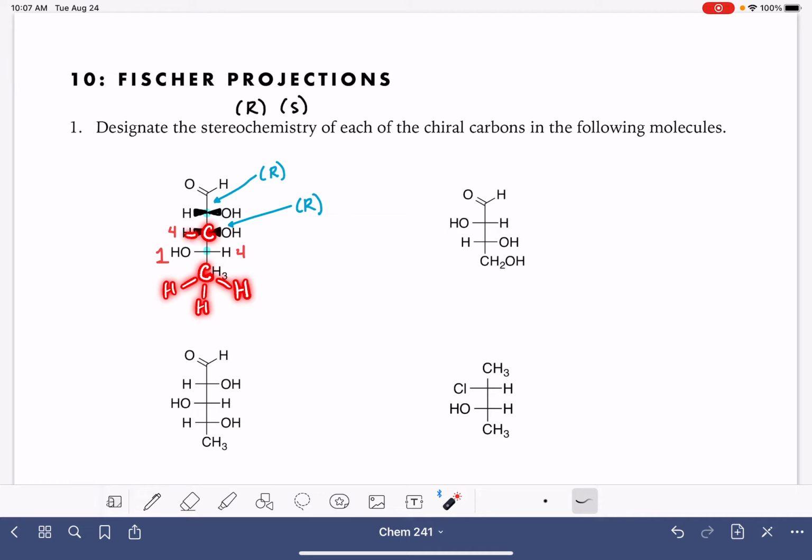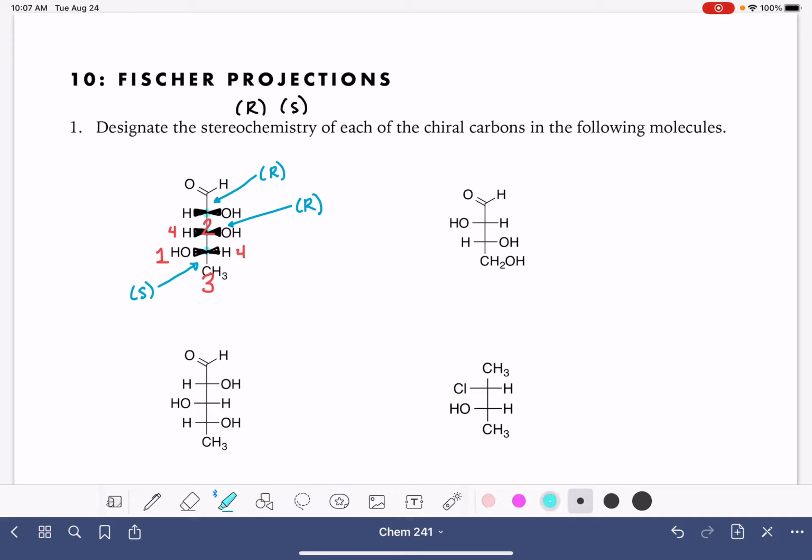Up on the top, we have a hydrogen, carbon, oxygen. That is higher priority than a CH3. So this is going to be our number 2. This is going to be our number 3. Don't forget, we are looking at this molecule upside down. 1 to 2 to 3 looks like an R, but we're upside down, which means that this carbon atom is an S.